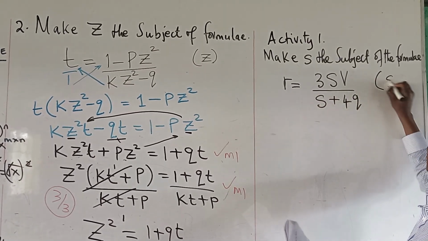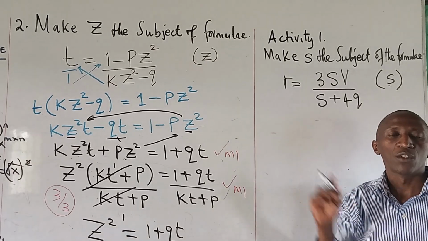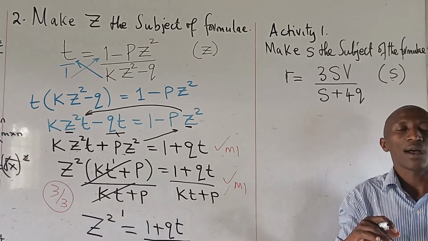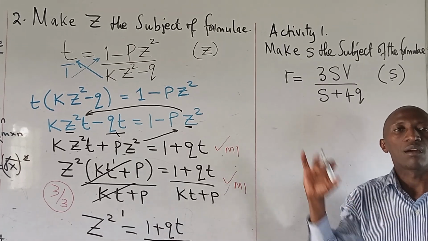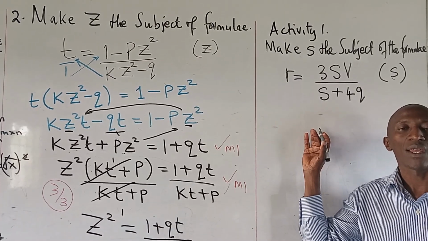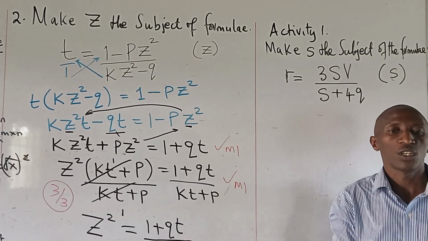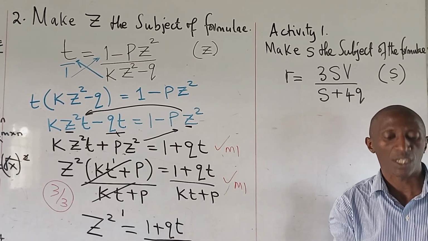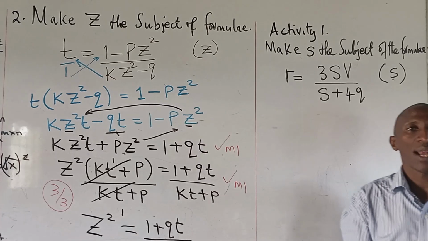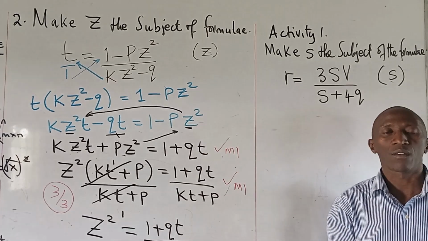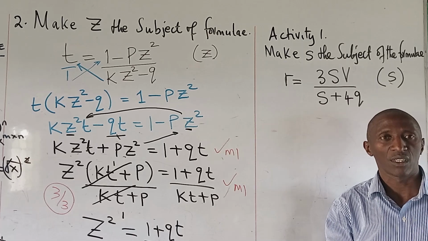So we are required to make S the subject. So viewers, take time during our live section. We shall work on this one and give a response immediately on what you have gotten.